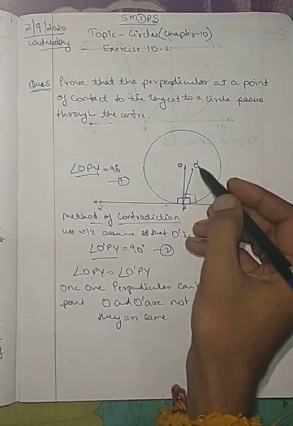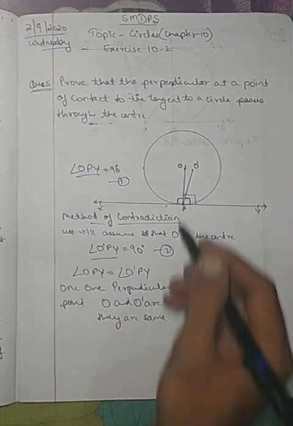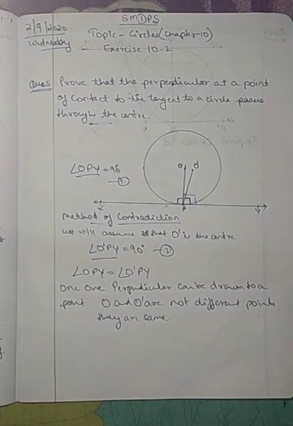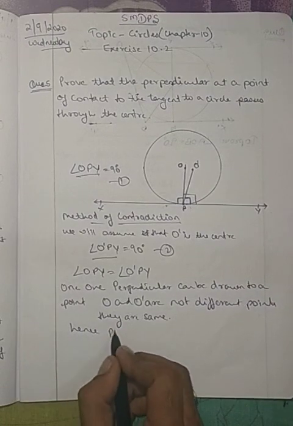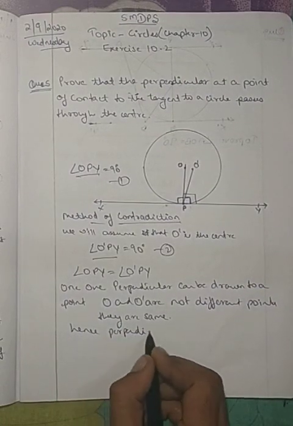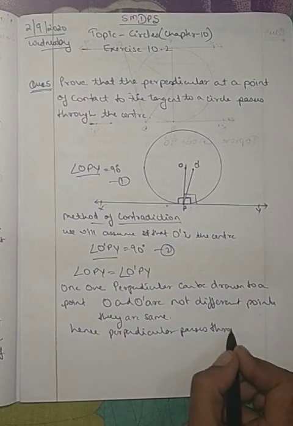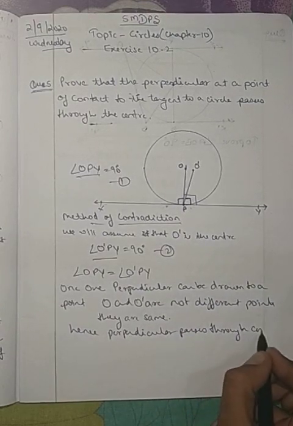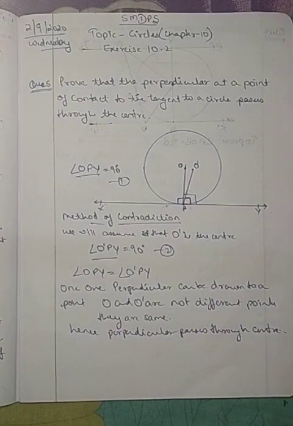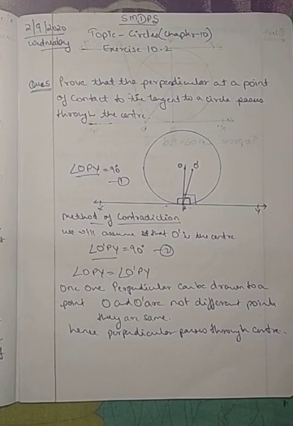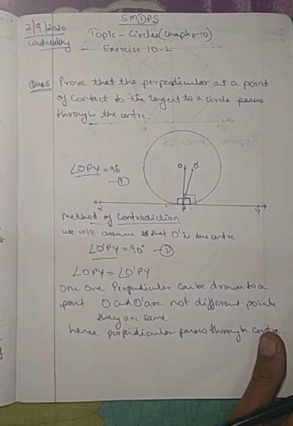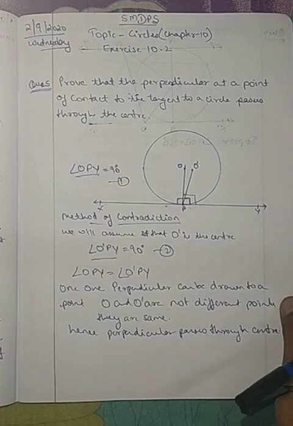What we assumed, it passes through O dash. What we proved, that O dash and O both are the same. Hence, the perpendicular passes through the center. So this was question number 5. Hope you understood this. This is a very interesting topic, the method of contradiction. We will be discussing it in detail in the first chapter, when we do the first chapter.